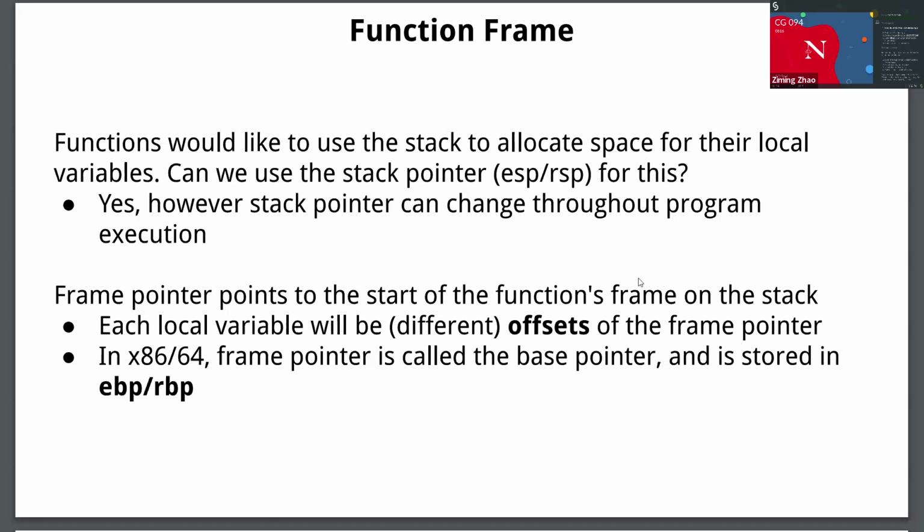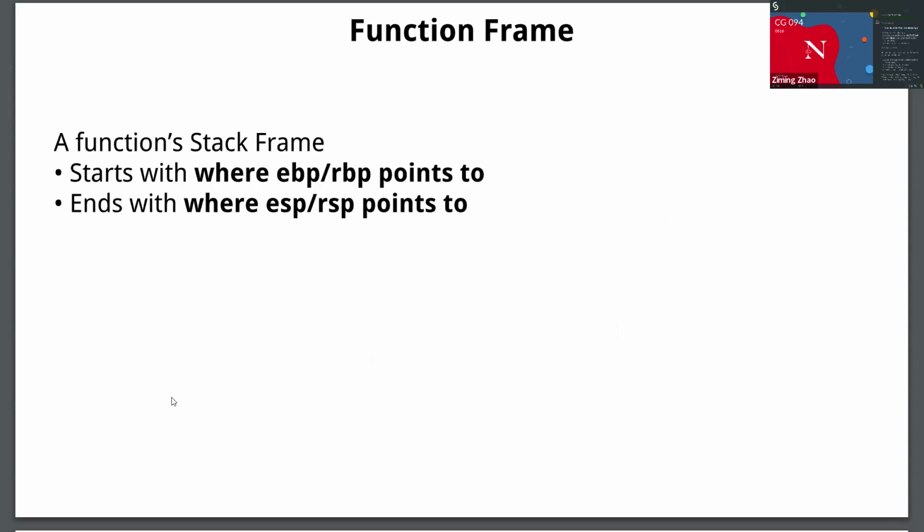And that lower address is stored in the frame pointer register. In x86, we use the EBP base pointer, or RBP in 64-bit, to store that address. When you see more examples later, it will be more clear. Right now, I know it's quite confusing.